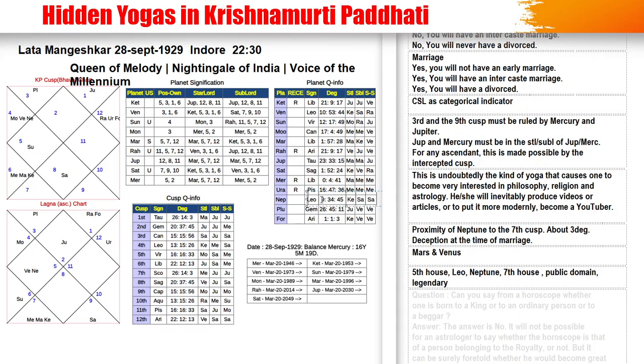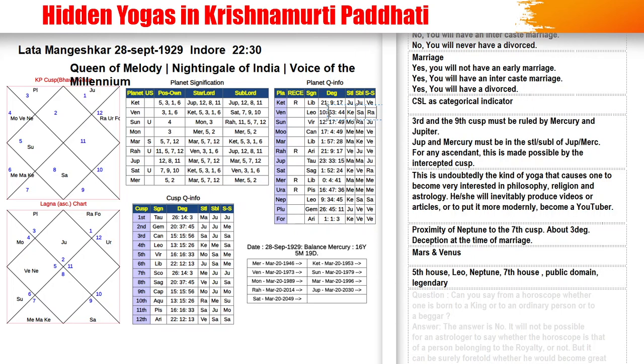Neptune is in Leo at 9 degrees, and Venus is in Leo at 10 degrees. So both Neptune and Venus are in Leo, in a very close conjunction. So this could be one of the rules.